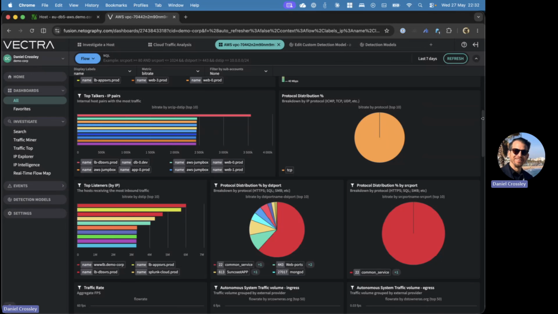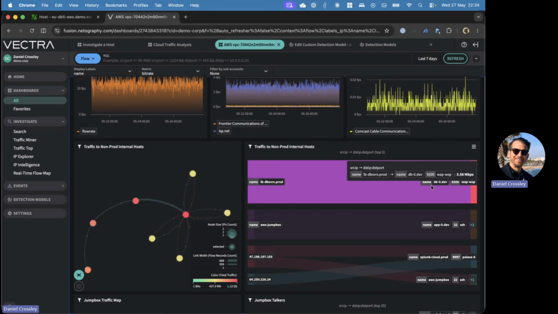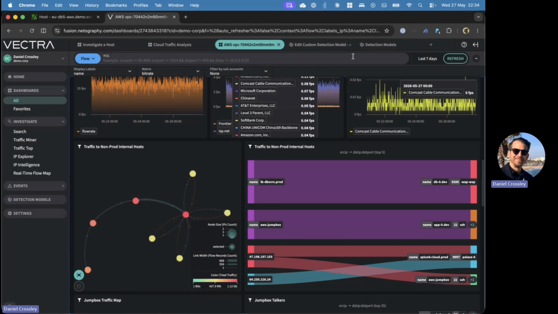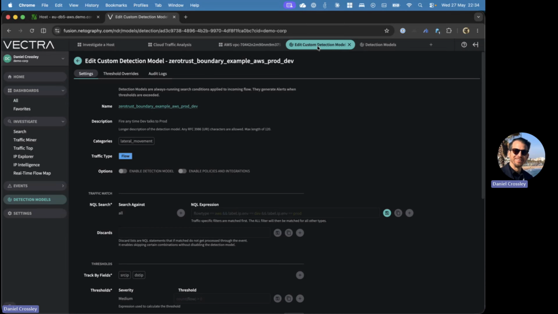But as I said, it's important to establish that this is unauthorized, because what we can easily do is create what we call a detection model, so that once that traffic has been observed, it triggers an alert for the SOC to investigate, because this would mean that there is an unauthorized trust boundary violation. This is something Vectra Fusion can do using custom detection models.